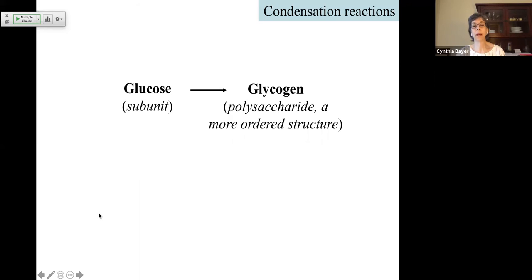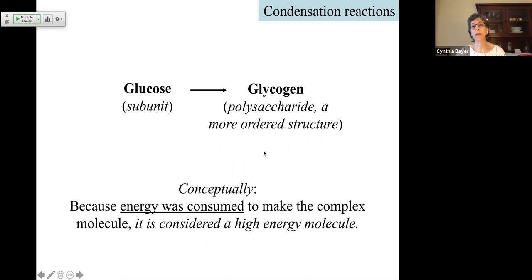Energy has to be supplied in order for glucose subunits to be joined together to form that glycogen molecule. And so we would say that glycogen is a higher energy molecule than glucose is. And again, conceptually, because energy was consumed, energy was required in order to join glucose subunits together to make this polymer, then glycogen is a higher energy molecule.